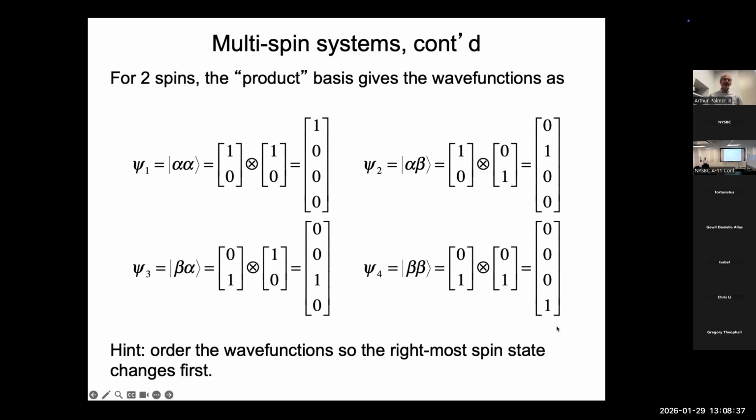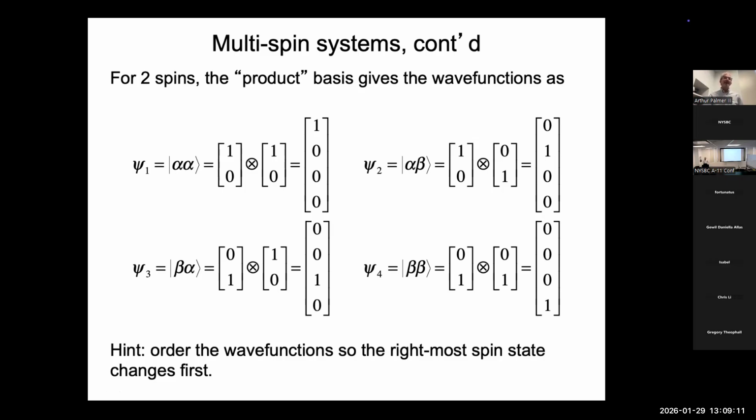In the ordering, then, one position here is alpha alpha, one position here is alpha beta, one position here is beta alpha, one position here is beta beta. So it means that as I move down the column, the rightmost spin state changes first.